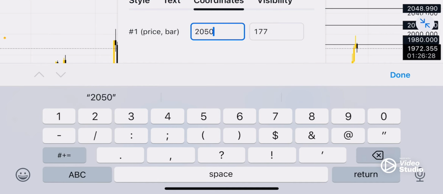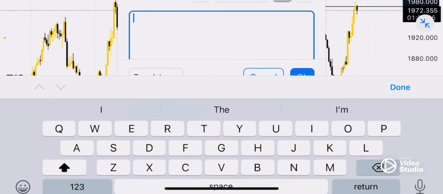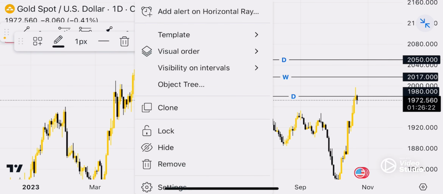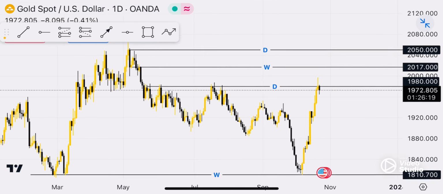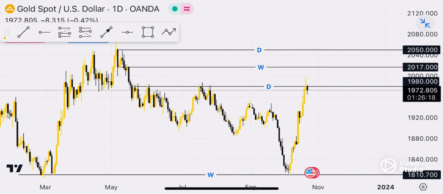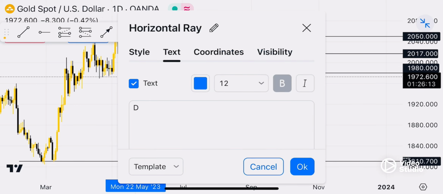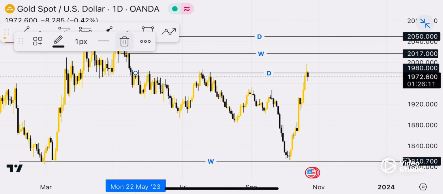We're looking for a buy, but we're marking out levels where we expect the buy to get to. I don't really like many lines on my chart, so I can just delete this stuff because there's no real need for it.